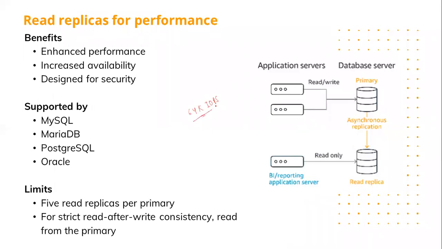And if I have reached the maximum read capacity, what I can do is enable the read replicas. A read replica is basically a replica of your database, and this read replica is used only for reads.